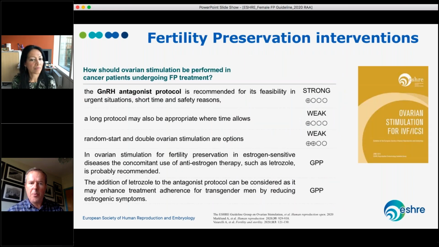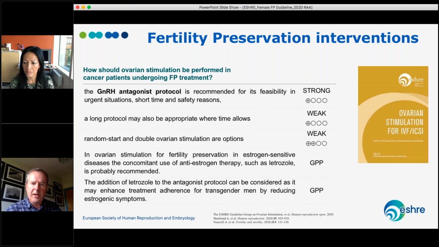So how are we going to go about this? Well, for women wanting to store eggs or embryos, of course, the first step in treatment is ovarian stimulation. And during the course of development of this guideline, the ESHRE Guideline on ovarian stimulation for IVF and ICSI was published, and that included a section on this approach for fertility preservation, which we largely adopted with some adaptation.